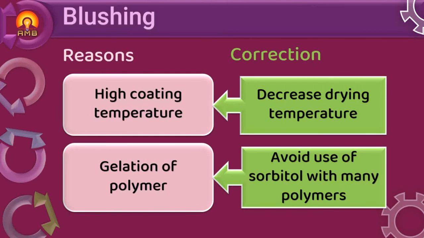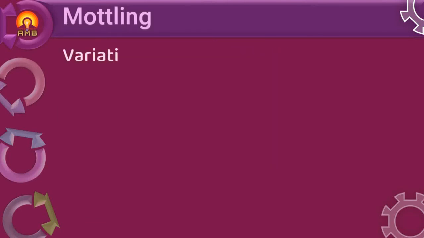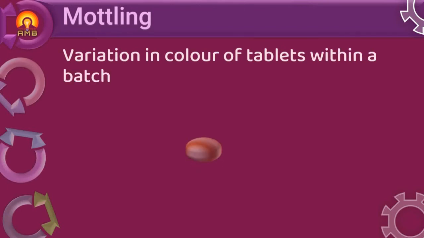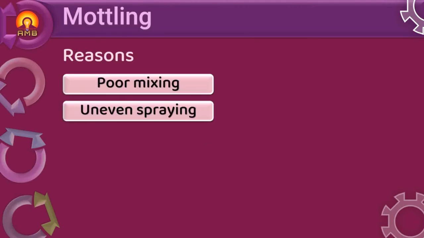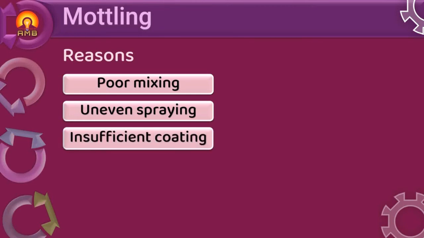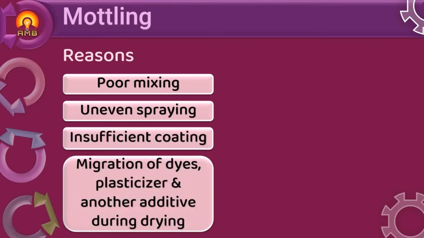Another defect of coating is mottling. It is variation in the color of the tablets within a batch. It takes place due to poor mixing, uneven spray pattern of machinery, insufficient coating, migration of soluble dyes, plasticizer and other additives during drying.